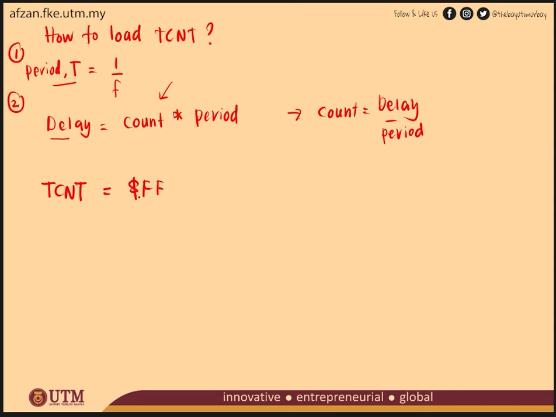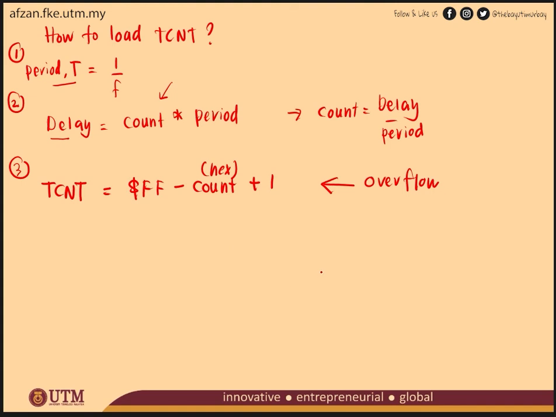This is only valid if you're going to use the overflow method, so you can get your TCNT value. FF tolak dengan count. Make sure that your count is in hexa as well, plus 1.